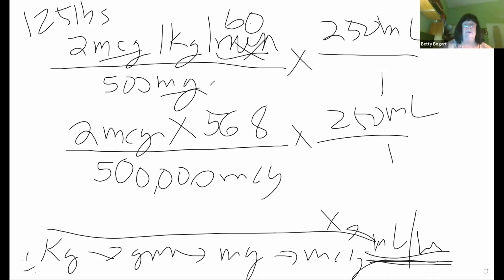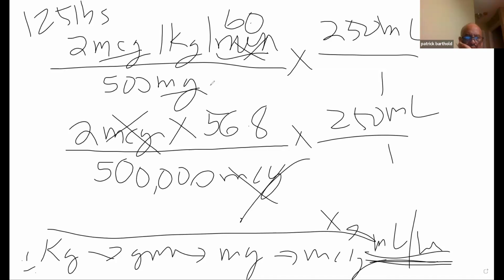All right, let's look at this. Micrograms come off. Got the 60 in there. So 2 mics per kilogram times 60 times the volume. And then the labels are all the same. And now I'm just going to multiply across, and then I'm going to divide.